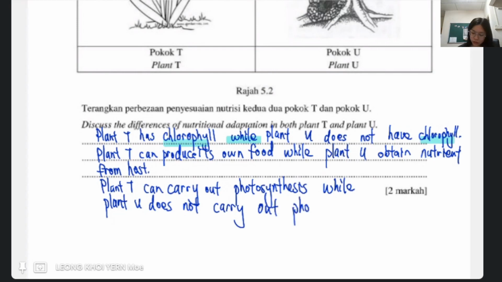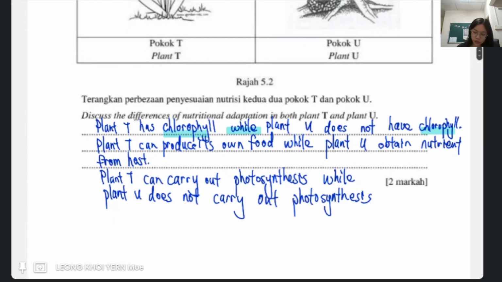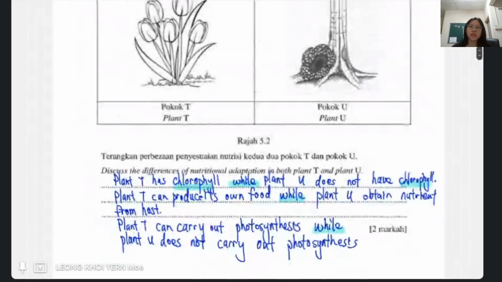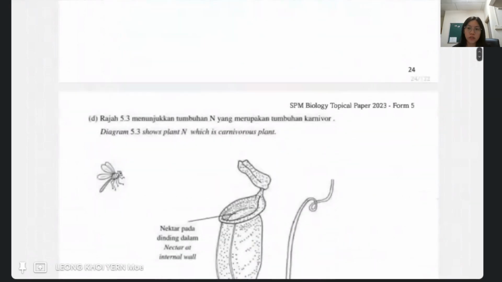So when you are writing this type of differences, you must use while or maybe whereas. Alright, now let's move on to the next question.